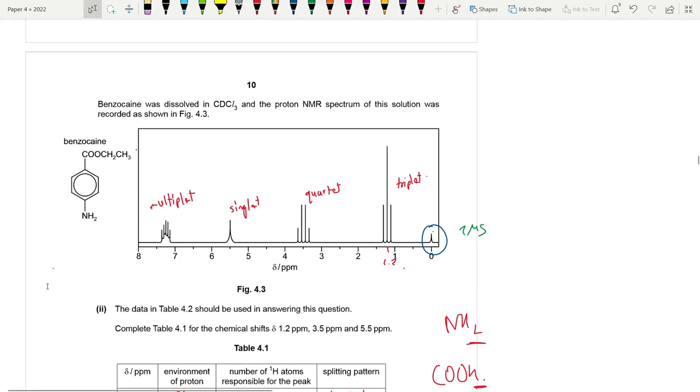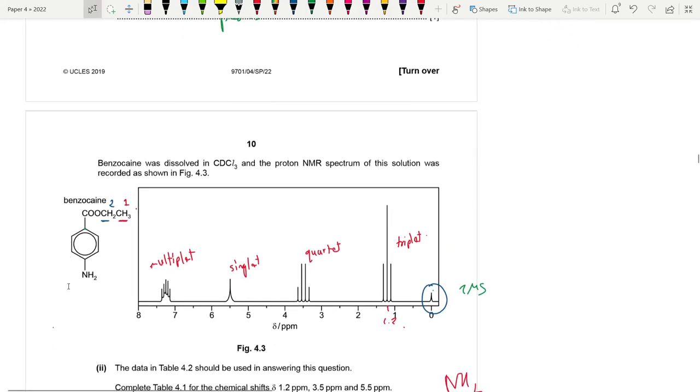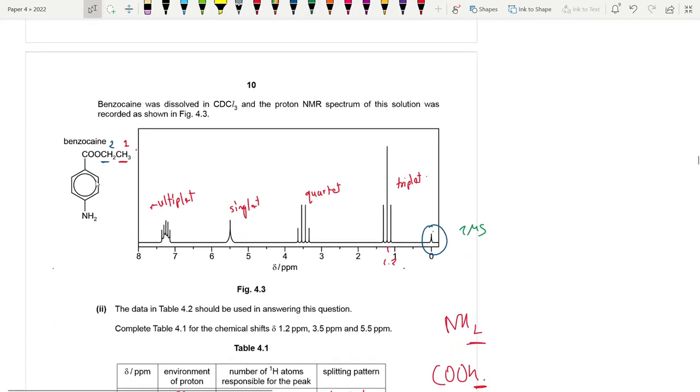So clearly the singlet. How many protons are here in the compound anyway? This CH3 is environment 1. This CH2 is environment 2. Now, this carbon has no hydrogen. Always remember this: in carbon-13 NMR we used symmetry to figure it out, but in proton NMR it doesn't really matter where you are.